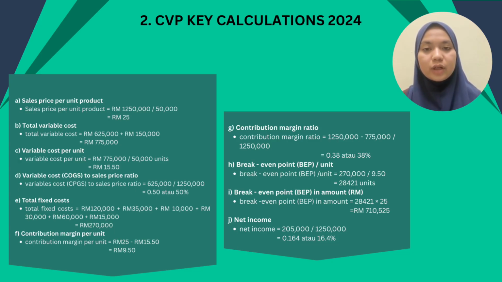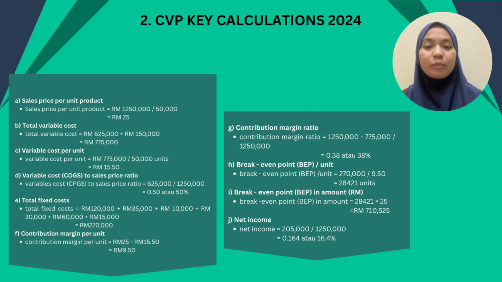And for the variable COGS to sales price ratio, the formula is variable COGS divided by sales revenue. The calculation is 625,000 divided by 1,250,000 equals 50%.